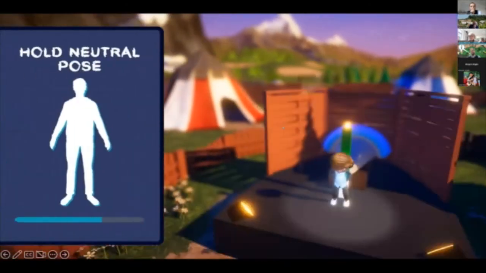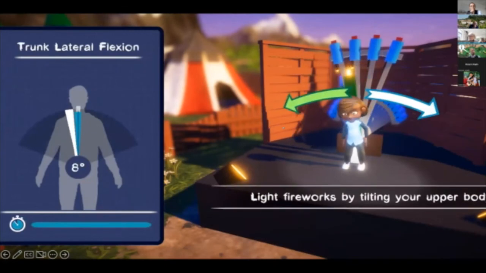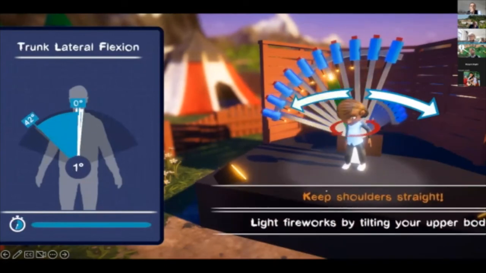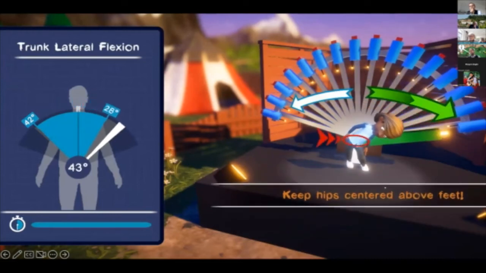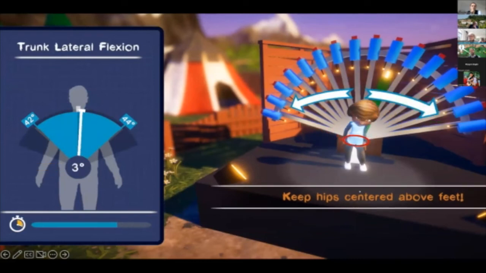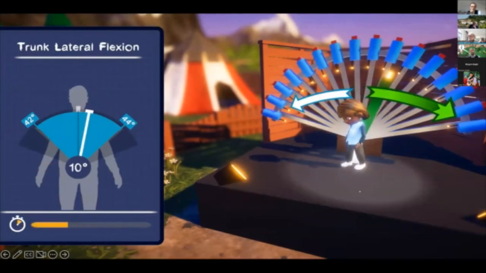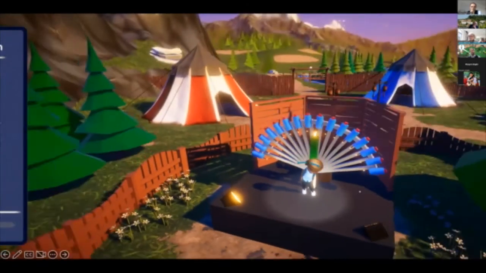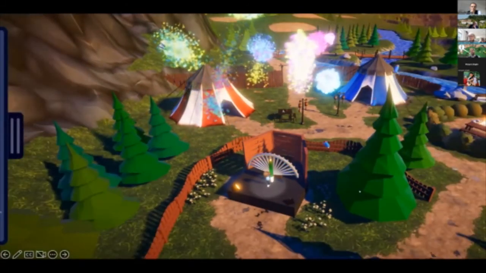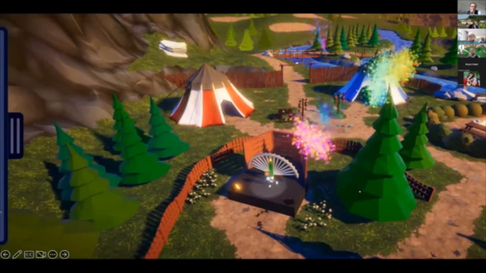And we have another assessment here, which I'm going to show you, which is for trunk control. So this is also measured, and here you can read keep shoulders centered or keep hips centered. So the system even recognizes if you make evasive movements, which are not the correct ones, and only measures the ones which we really want to measure.